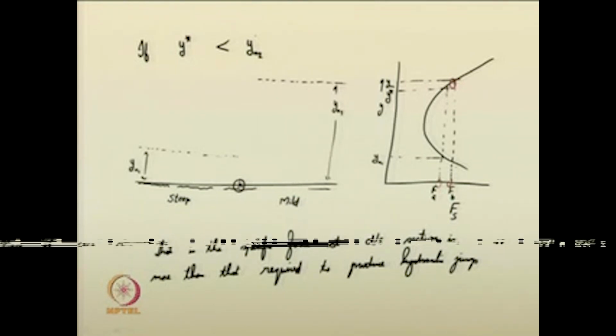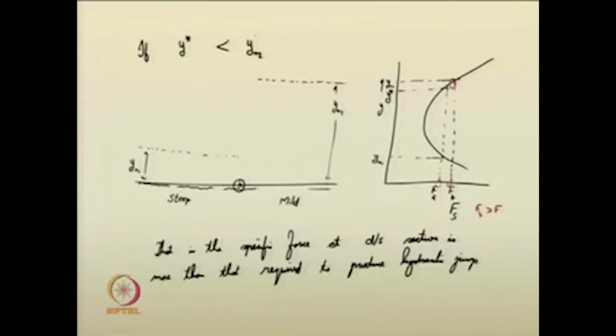So in this case, to balance the flow or to maintain the equilibrium, the flow pushes the hydraulic jump into the upstream portion, and you have FB greater than FA, which is then required for the hydraulic jump at the downstream.